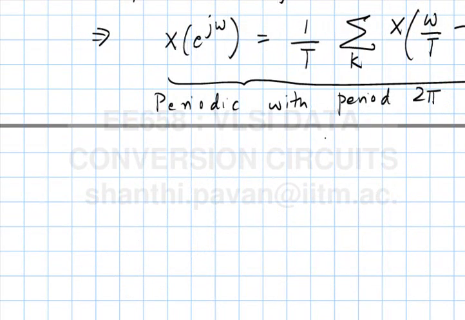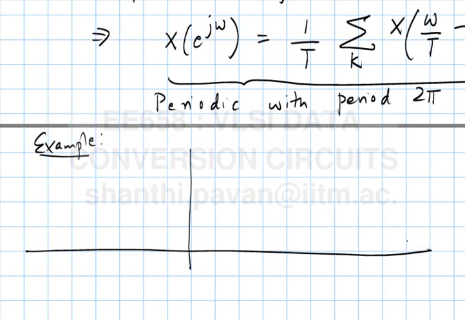So if, for example, the maximum frequency content of x of t was 1 over 2T. So make this all in radians per second, so I will make it 2 pi by 2T.